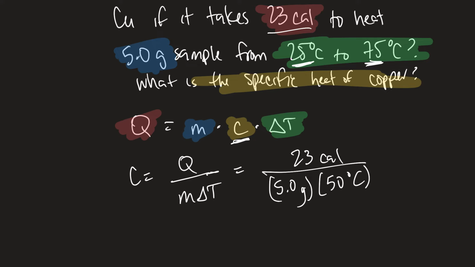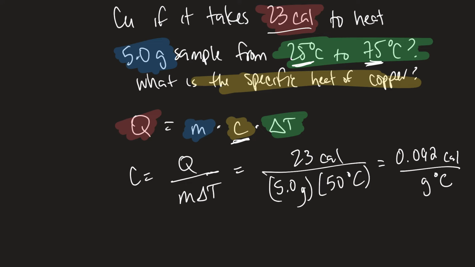When you put this in the calculator, you will get 0.092 calorie per gram degree Celsius. So this is the specific heat of copper in calorie per gram degrees Celsius.